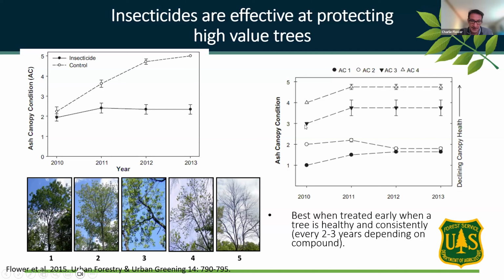Likewise, things that start at a 3, pretty heavily thinned canopy, things kind of stabilize, but they tend to decline. Things that are initiated at the healthier levels, so in these canopy 1 and 2 conditions, things stabilize and tend to remain pretty good following insecticide use.